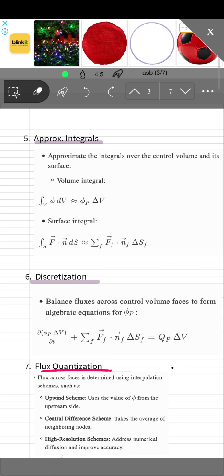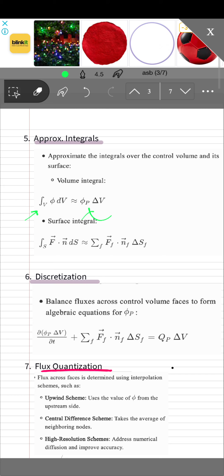Okay. There are tools used for the computational studies. The first of them is called an approximate integral. The approximate integral says that the volume integral can be simplified in terms of this value phi.